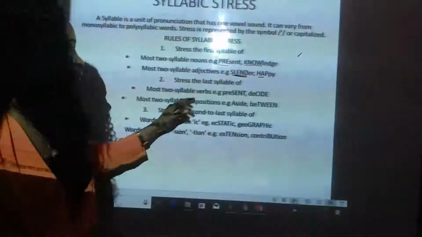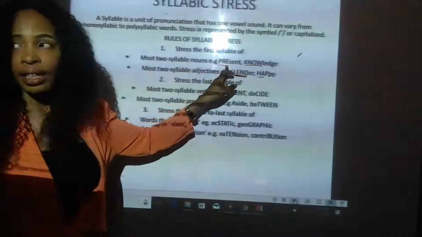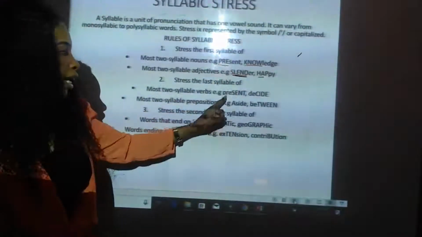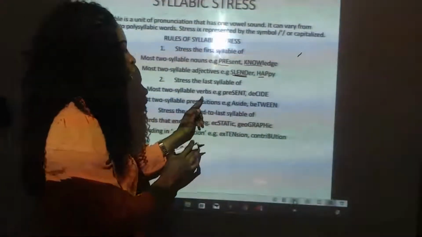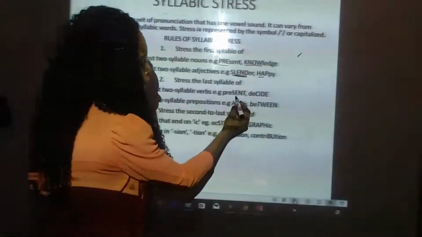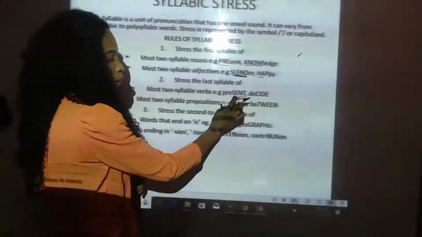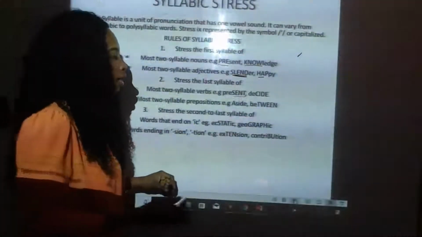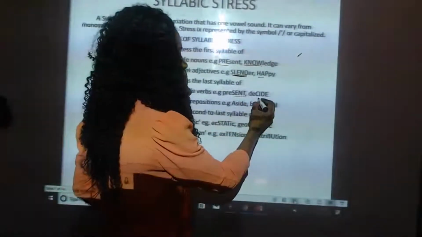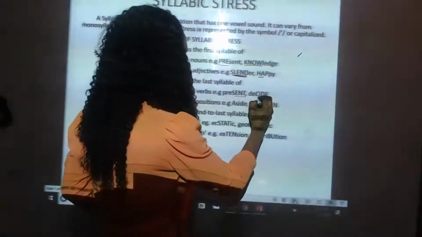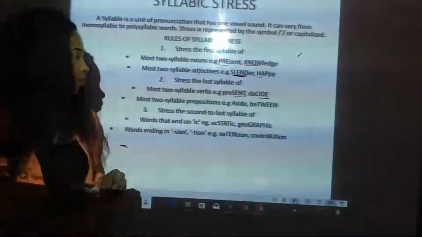For example, here you have present, that is a gift, and here you have present, a 2 syllable verb. This is a verb and the last syllable bears the stress. While the next word here is decide. Cide is the last syllable, therefore you stress it.